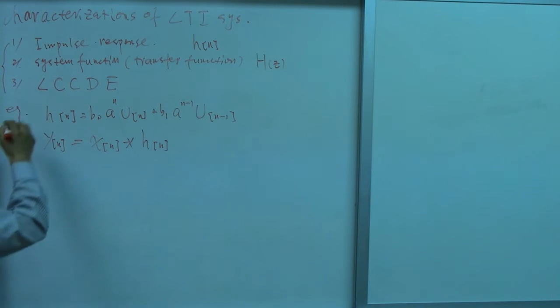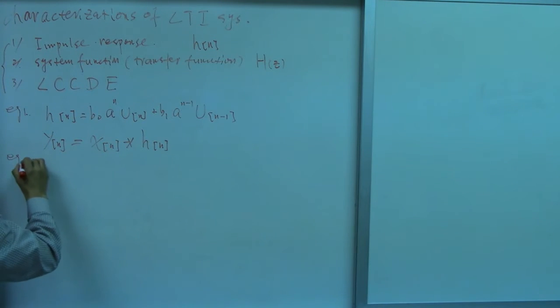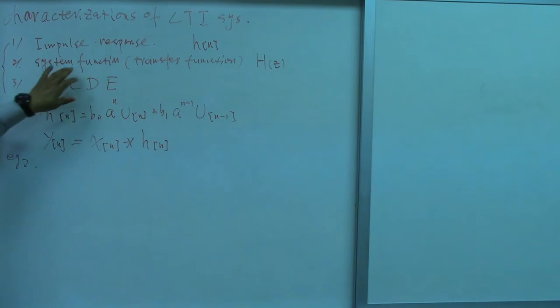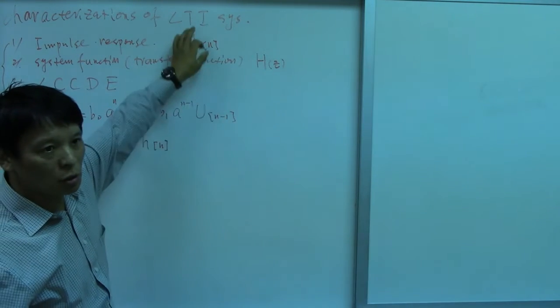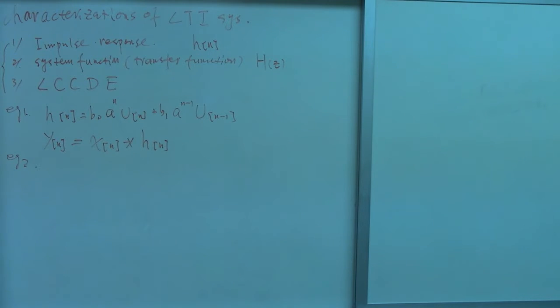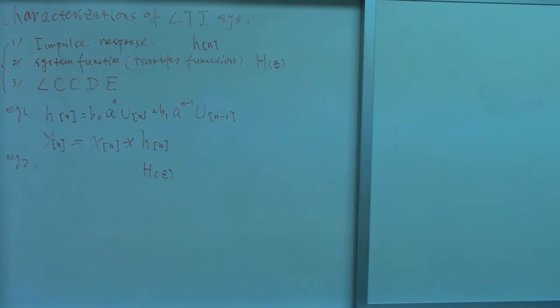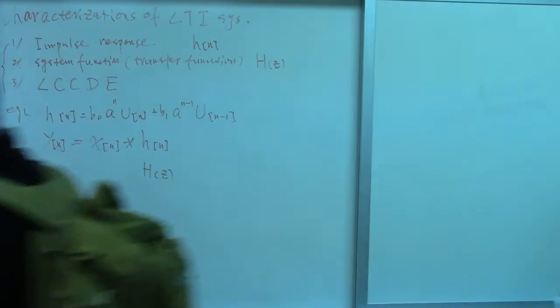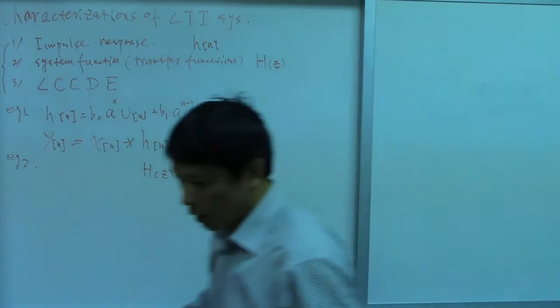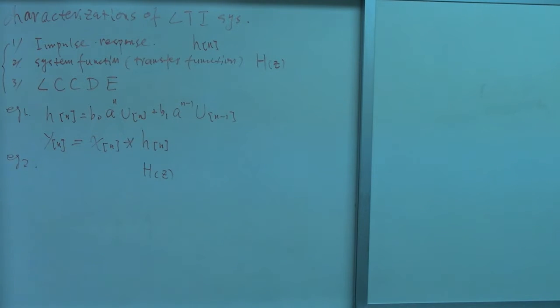The second example is for system function. As we said, system function or transfer function is just the z transform of the impulse response h[n]. Whereas if we know the system function of a system, how to calculate the output, and we discussed this also in previous chapters.